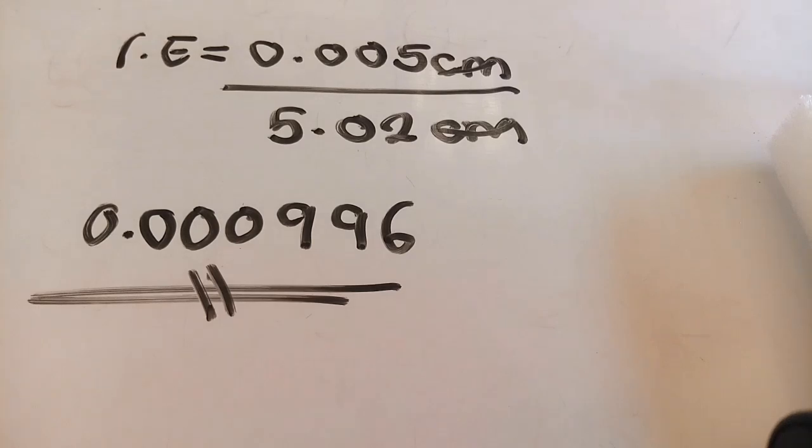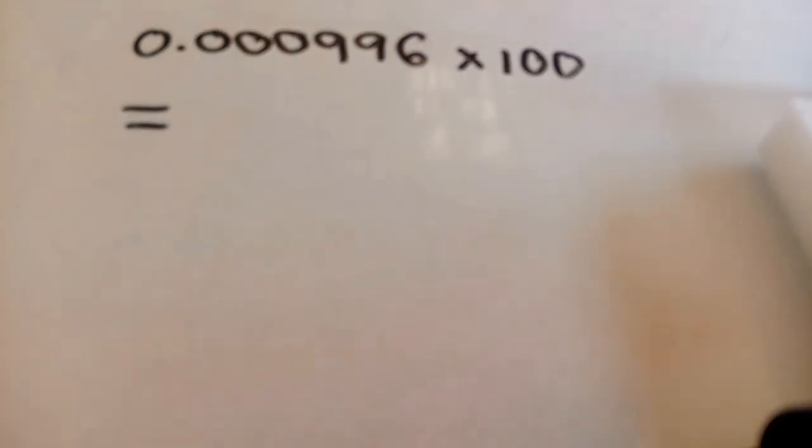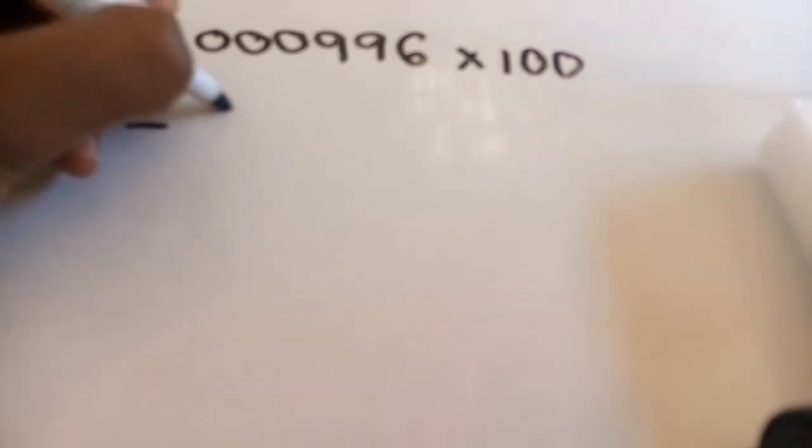So now let's find the last one, the percentage error. So the percentage error is simply our relative error times 100. So we found 0.0000996. This value has been rounded off, and then we just multiply that by 100. So if we multiply that by 100, our percentage will be 0.0000996%.